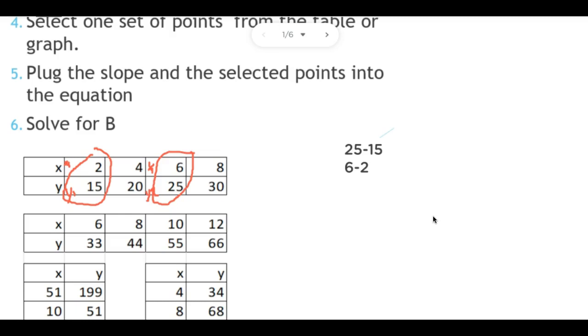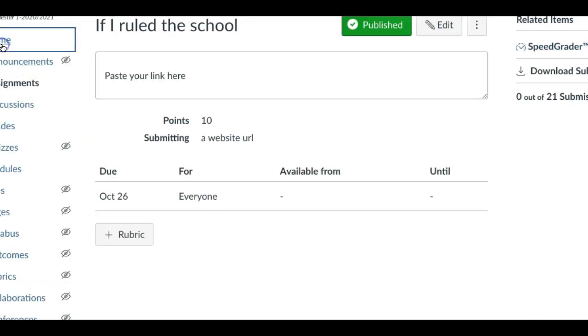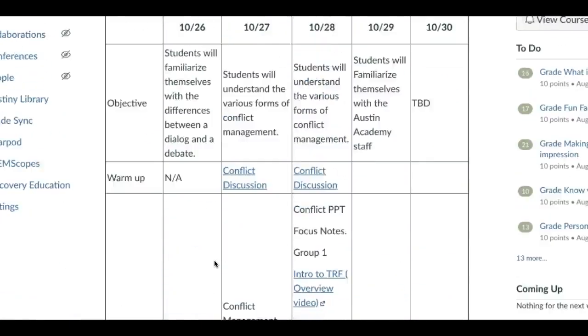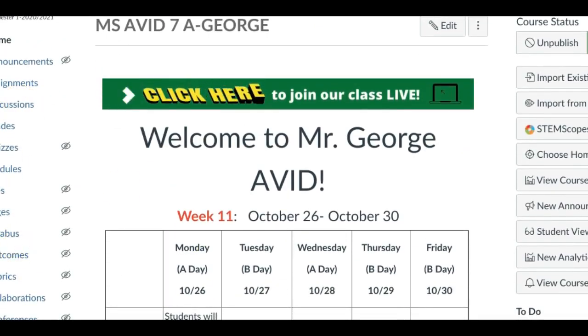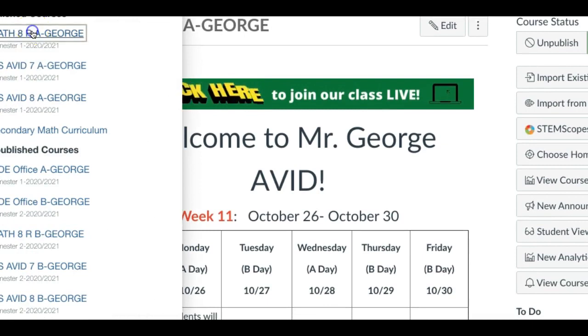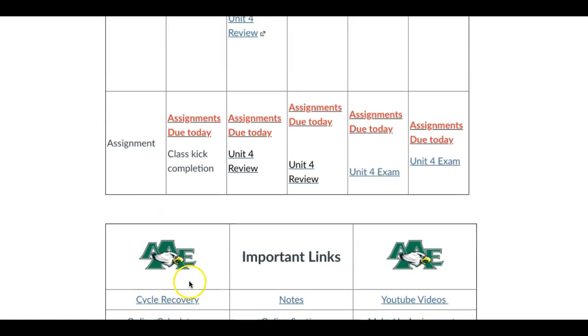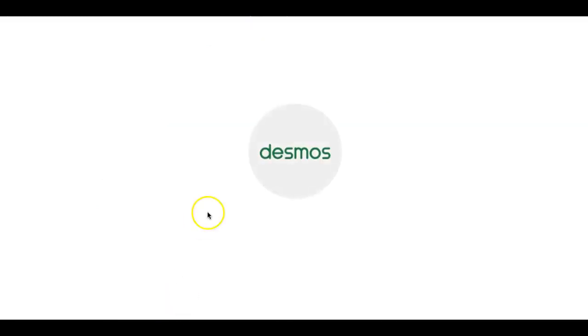And I'm going to use my Desmos calculator to simplify this. Of course, we could solve this manually and by hand. Sorry guys, this is my Avid Canvas course. Just bear with me and let me get into my math course. All right, let me get my online calculator.